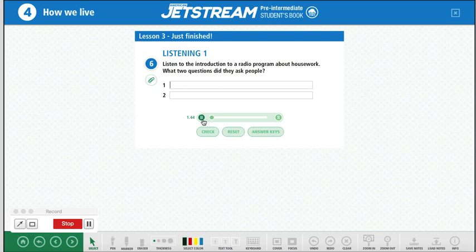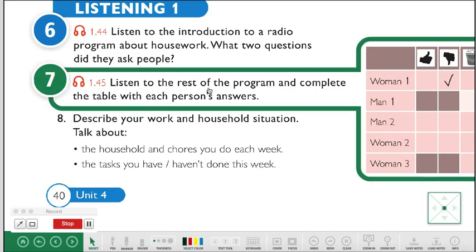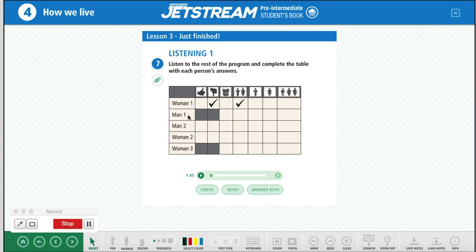Write them, listen really carefully, write them and check them. In exercise number 7, now we have to listen to the rest of the program and complete the table over here, okay? Which is the answer for the man, this or this? And the man too, or this one, or this, okay? Which ones? That's the idea.